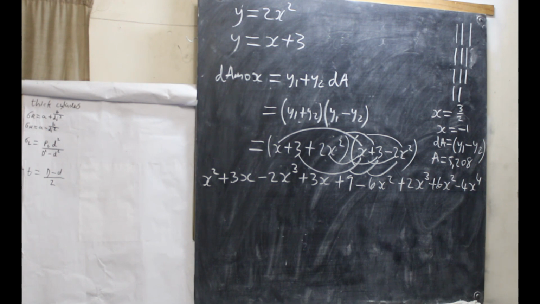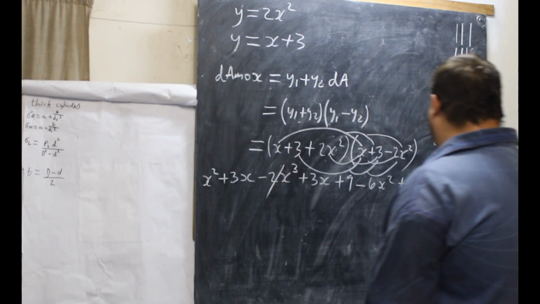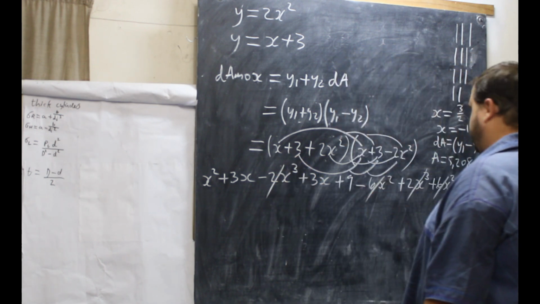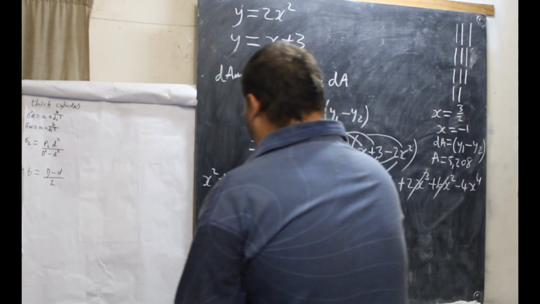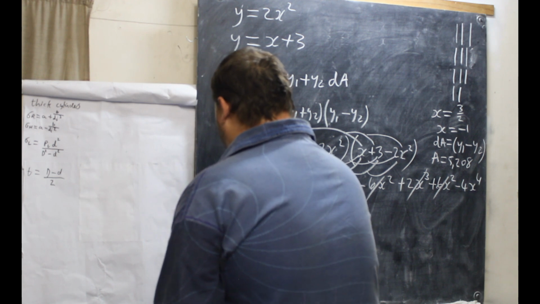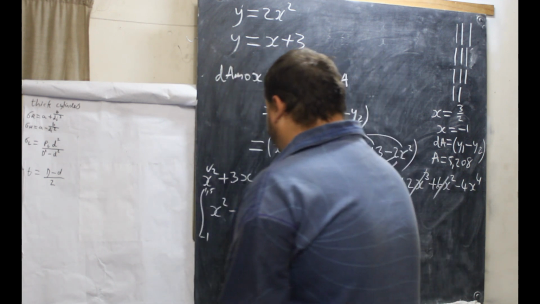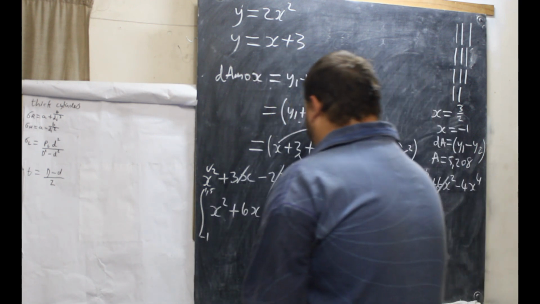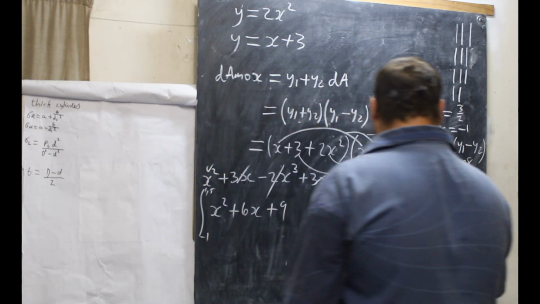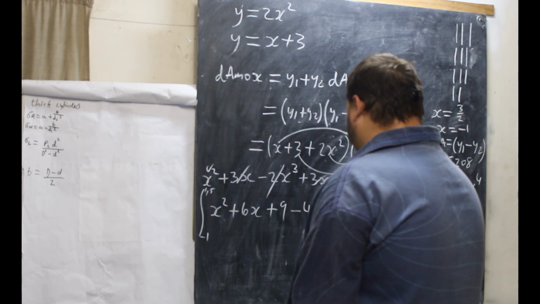Okay, we can eliminate some things. So, let's go. This one, and this one, this one, and this one. We add this together with that. So, we have the integral from 1.5 to minus 1 of x squared, let's tick, plus 6x, done and done, plus 9, done, minus 4x to the power 4.